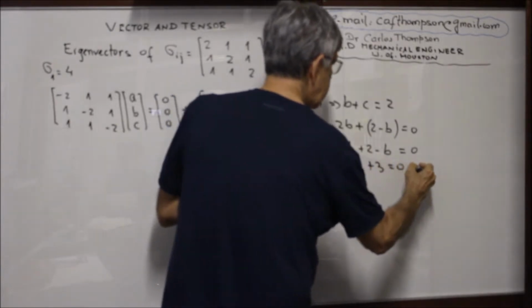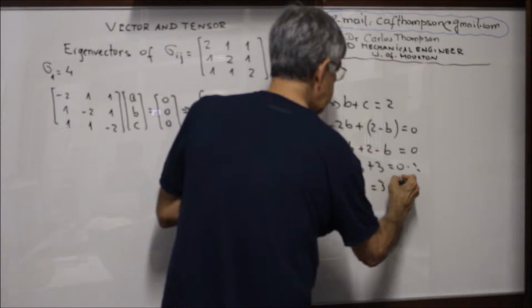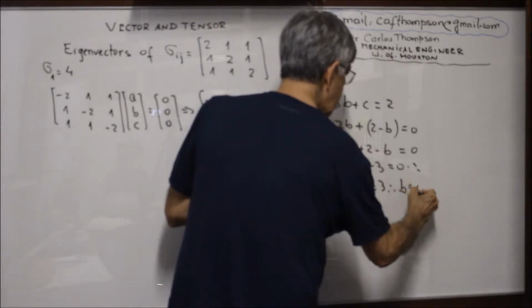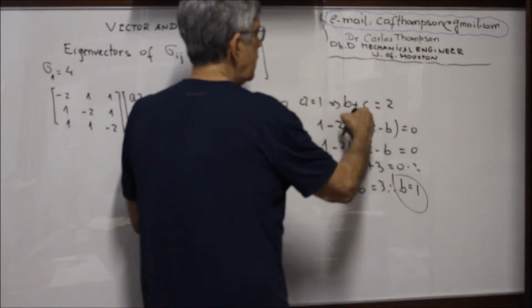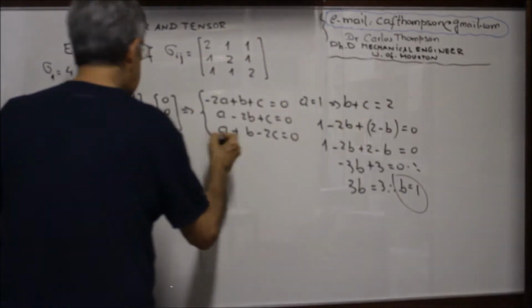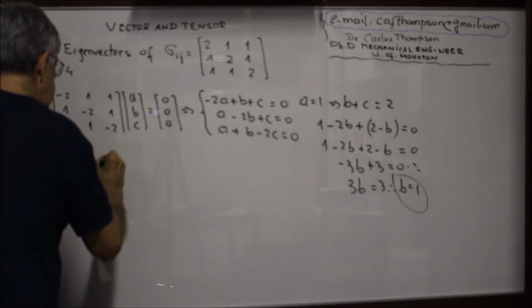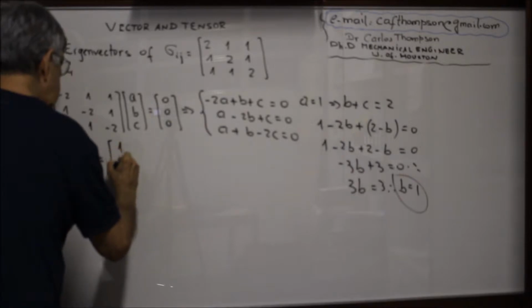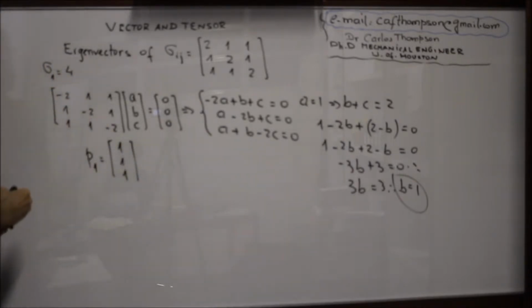So 3b is equal to 3, then b is equal to 1. If b is equal to 1, c is equal to 1. So the solution, let's call it P1, is 1, 1, 1, for the eigenvalue equal to 4.